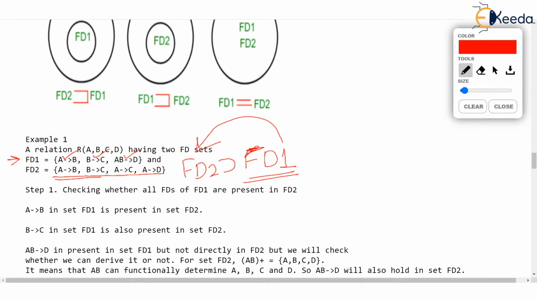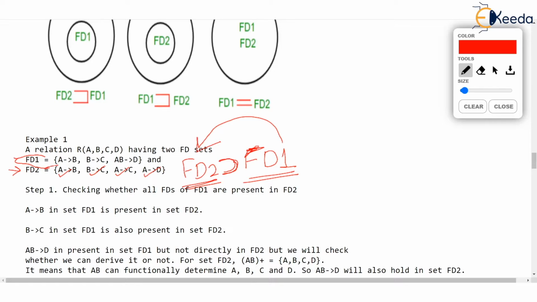So we say FD2 is as good as a superset of FD1 because FD2 can derive everything which is defined in FD1. And if it is the other way, suppose whichever functional dependencies are there in FD2, you can see that in FD2 there are four functional dependencies. Now, if all these dependencies can be derived or proved or defined using only FD1, then we say FD1 covers FD2.